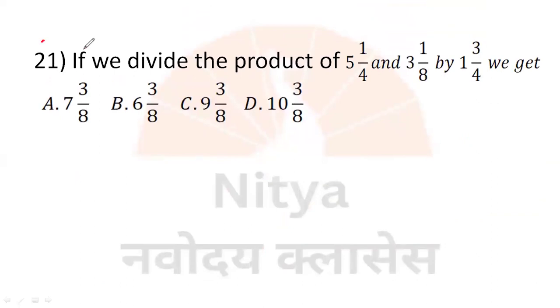Question 21. If we divide the product of 5 and 1/4 and 3 and 1/8 by 1 and 3/4, what do we get?